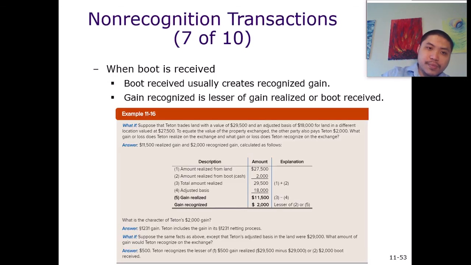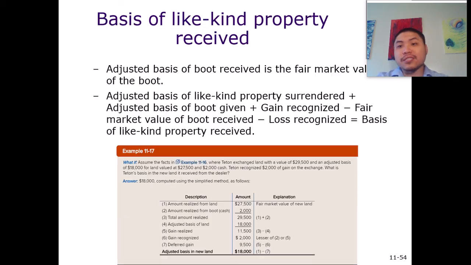So let's look at this example. Overall, the gain recognized is going to be either the boot received or the gain realized, whichever is the lesser amount.